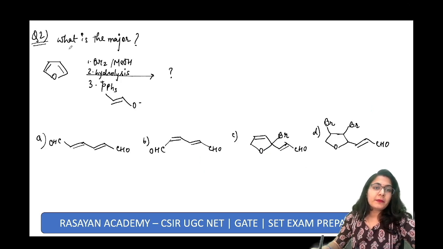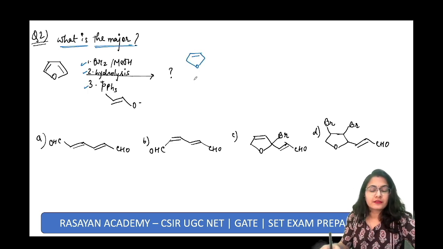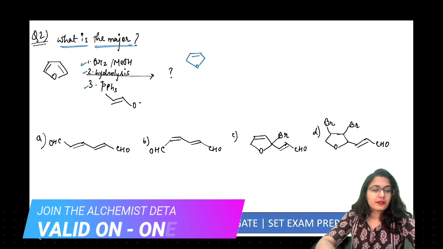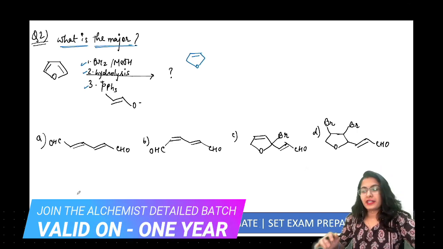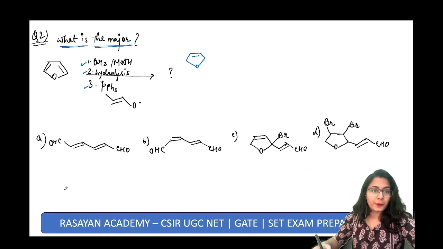Now what is the major product in this particular question? You have furan, and let's see what these three reagents are going to do with furan. If you have studied from any standard book about heterocyclic compounds, you will know that furan is the least aromatic as compared to thiophene and pyrrole.